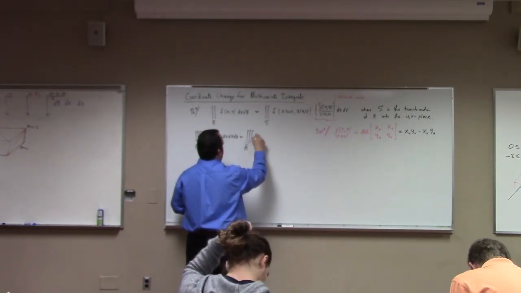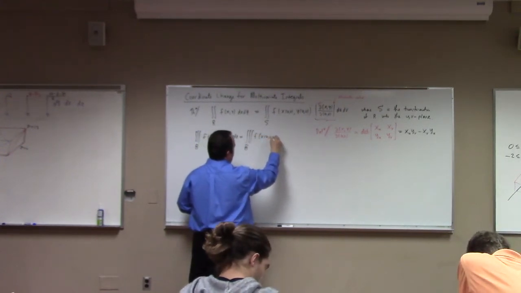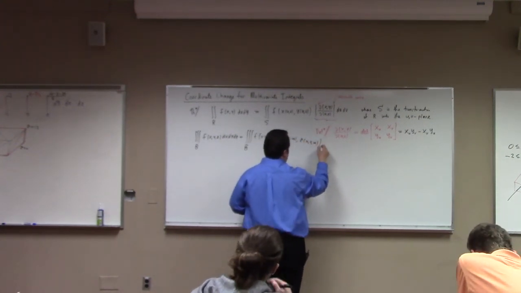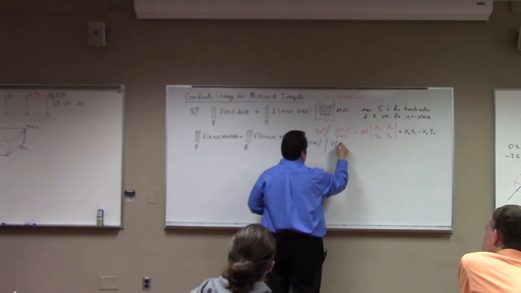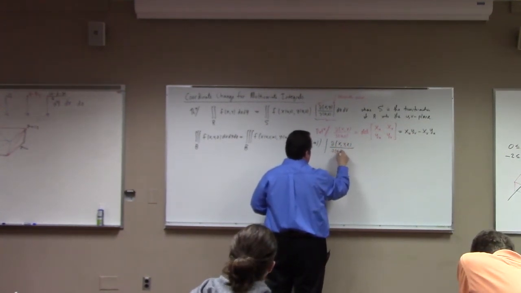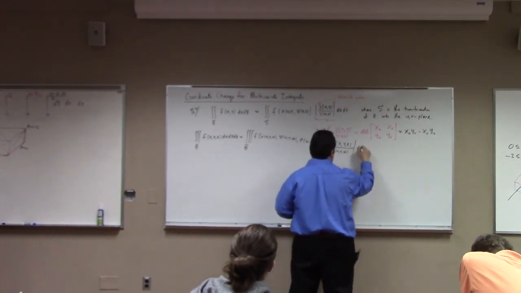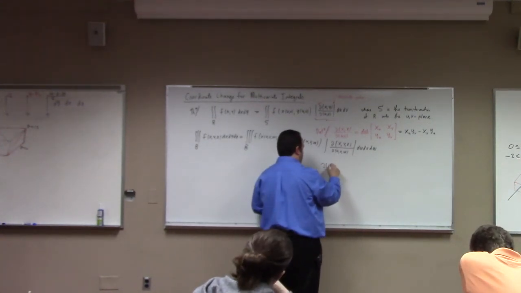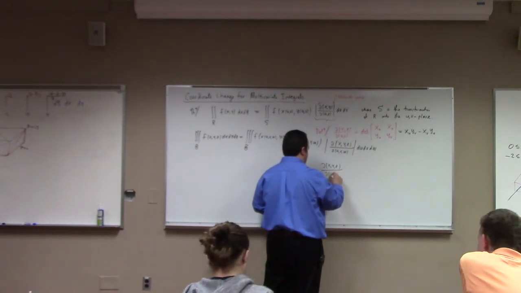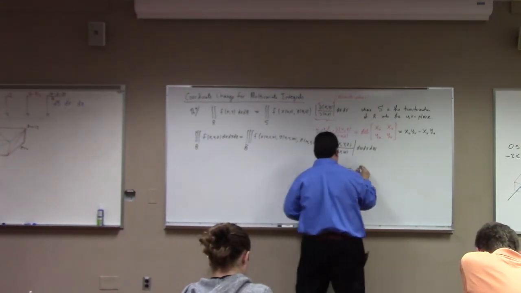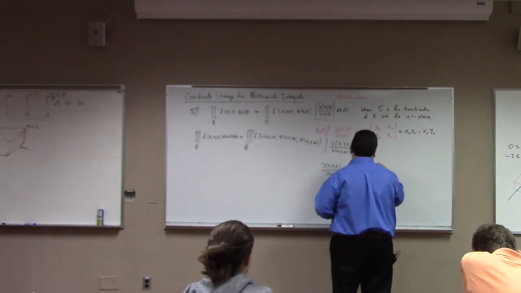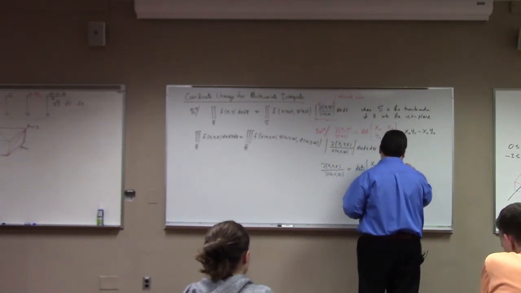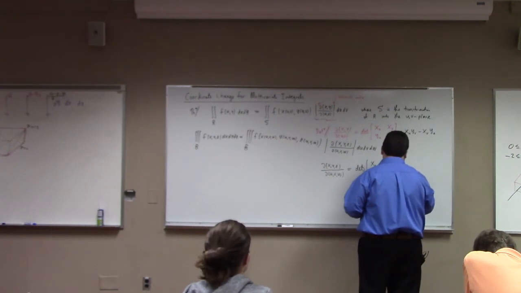And you got your f of x of u v w, y of u v w, z of, you guessed it, u v w, and then you multiply by the absolute value of the Jacobian of x, y, z with respect to u v w, du dv dw, where the Jacobian is the determinant of the Jacobian matrix: x_u, y_u, z_u, x_v, y_v, z_v, x_w, y_w, z_w. These are partial derivatives.